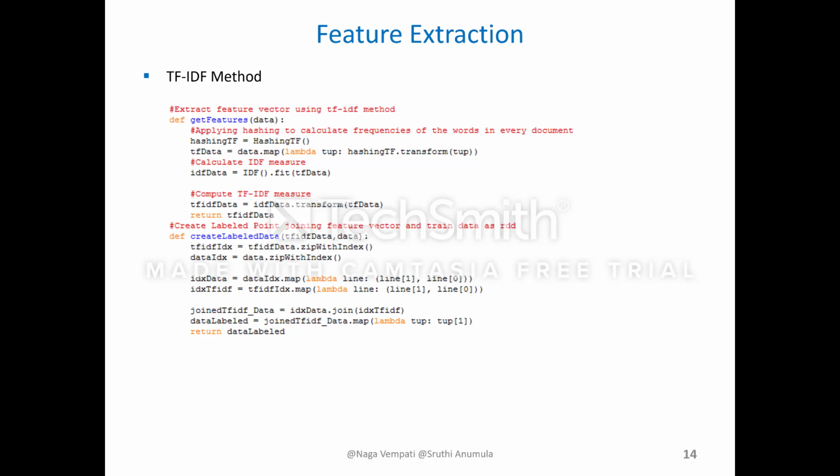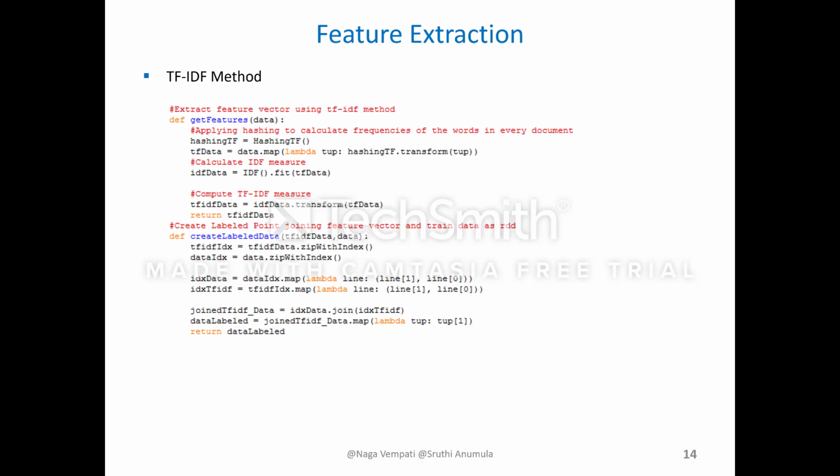Feature extraction. As mentioned in the previous slide, we use the TF-IDF method to extract features from tweets. The getFeatures function takes tweets as input and outputs their feature vectors. HashingTF is a class provided by PySpark to calculate frequencies of the words in every document. So we instantiate this as a first step and use this object to compute the frequencies.